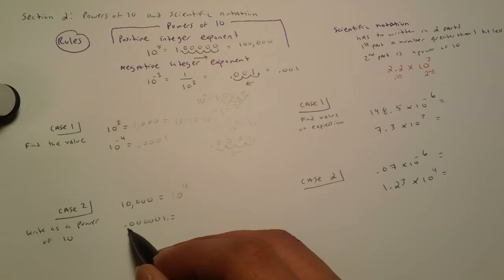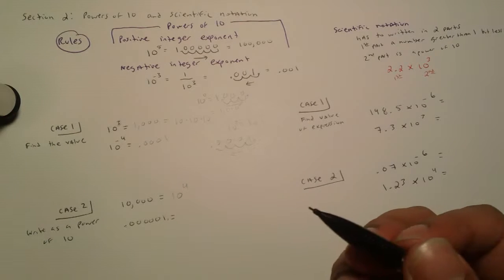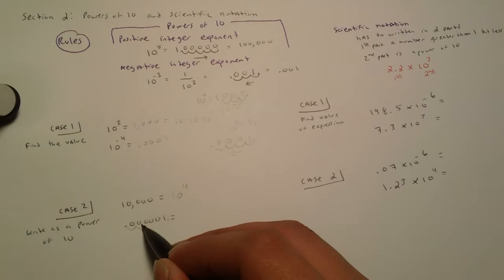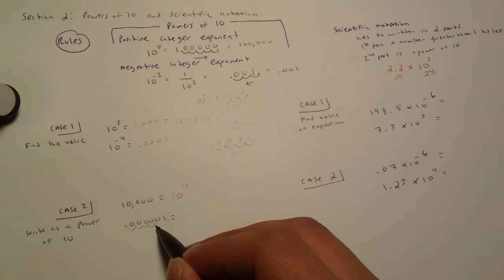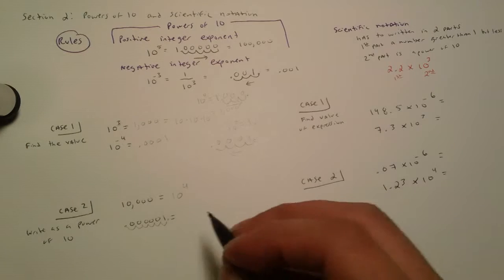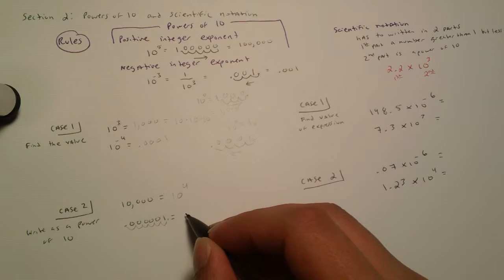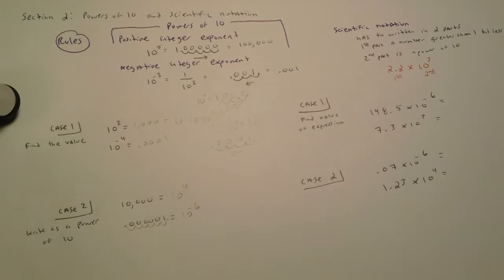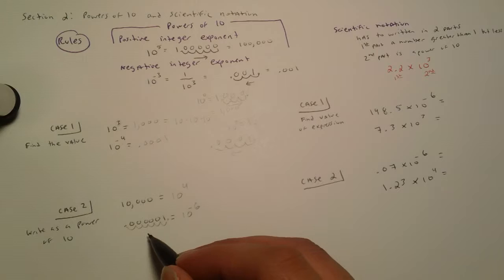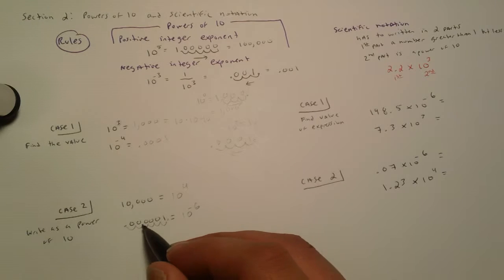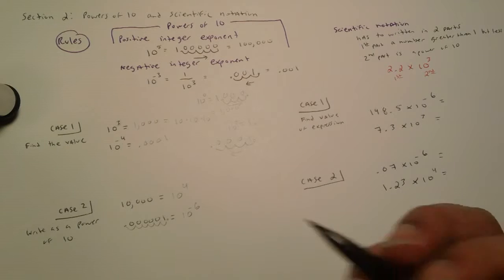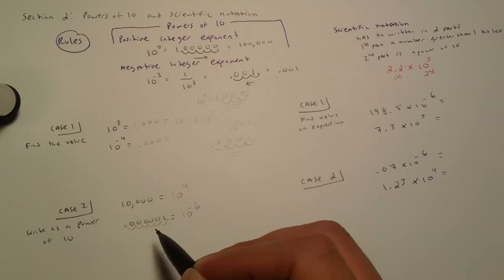Let's just start doing our waves, and always do your waves, they're really helpful. 1, 2, 3, 4, 5, 6. So it takes us 6 spots to the left to move back to our original spot. Always remember that's a negative since we're moving this spot over to the left.